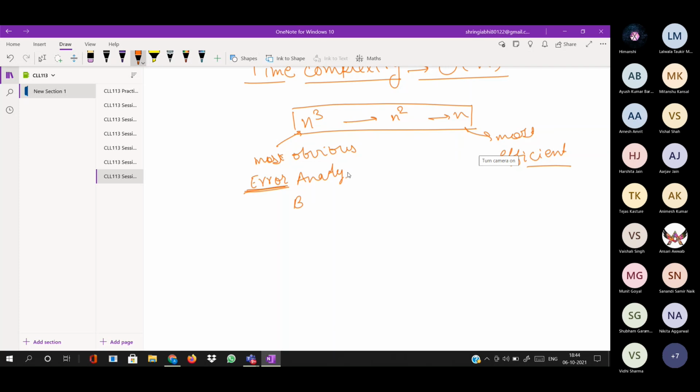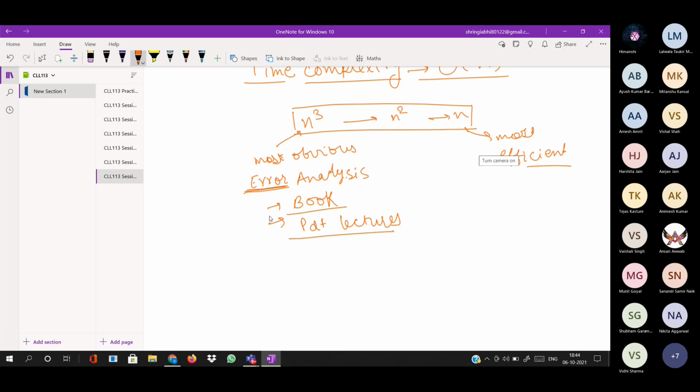So I want every one of you to read that from the book or from the PDF of lectures and include it in your reports. If you have any doubt in doing the error analysis, it is pretty straightforward. There is no rocket science in calculating the errors. The direct formula is given there, you just have to use it.